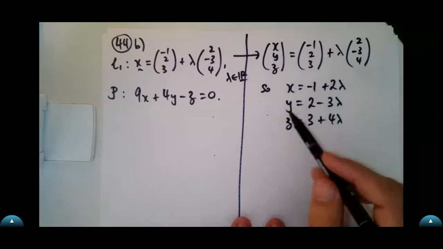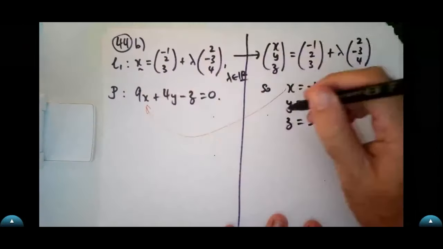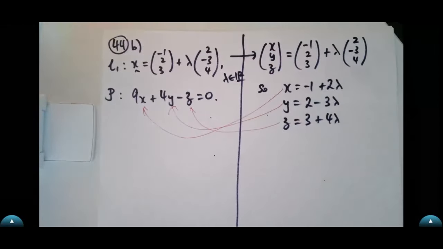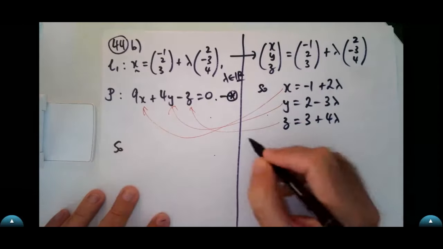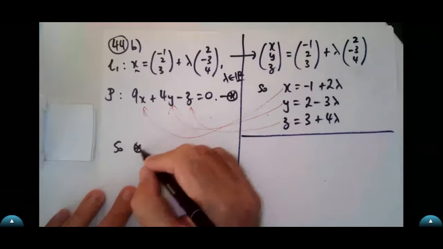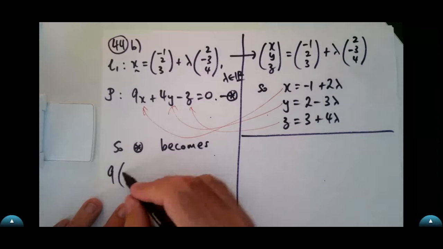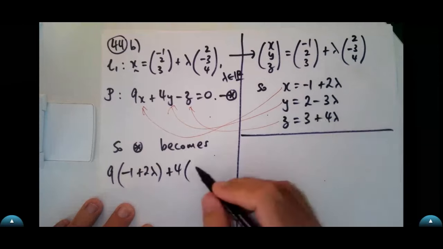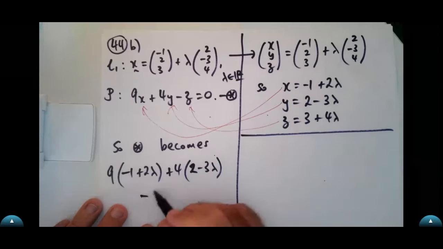Okay, so now what we can do, we can substitute this in here, this in here, this in here, and solve for lambda. Excellent. So let's call that star. So star becomes 9 times this plus 4 times this, it's a 2 minus that.